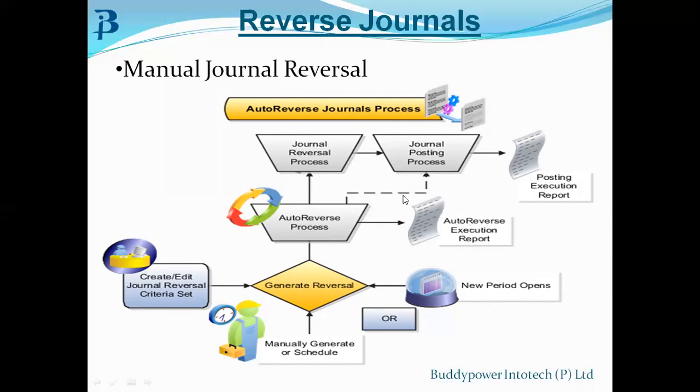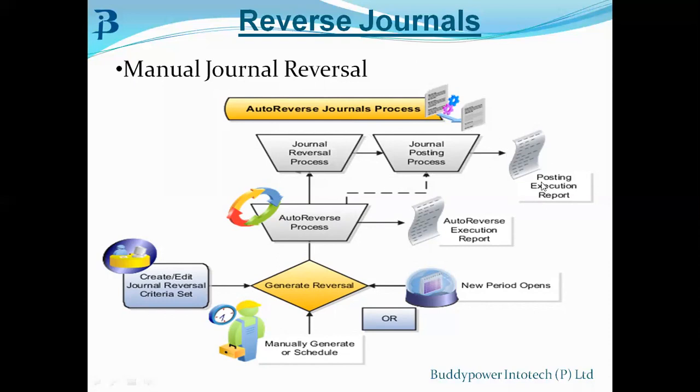Then the auto post execution report is created automatically when the auto post process gets finished. These reports help you diagnose any problems which have occurred during the auto reversal, and also verify whether all journals were processed properly.